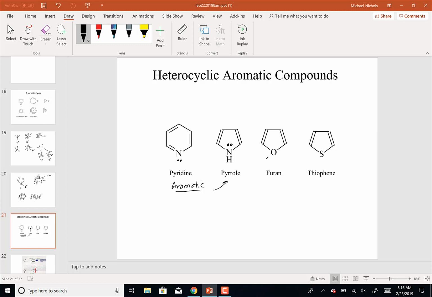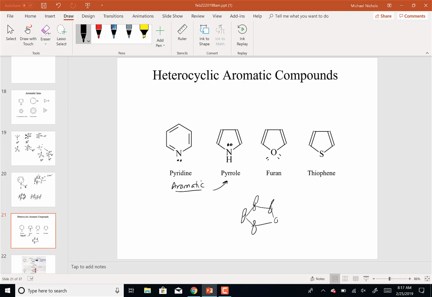You could say, what about furan? Well, furan is also going to be aromatic because what its oxygen will decide to do is become sp2 hybridized as well. So the furan is going to look exactly like the pyrrole. We've got our 2 double bonds. Then the oxygen says, okay, if I become sp2 hybridized, then I can meet rule number 1.